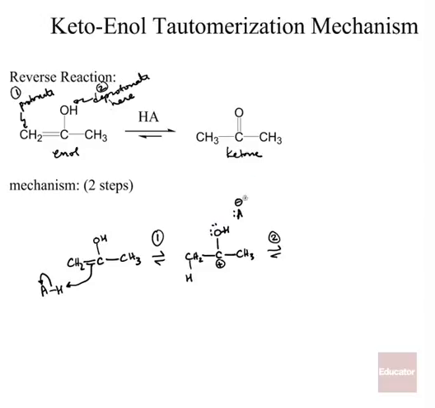And once again, rather than deprotonate and give an O- next to a C+, my mechanism would be much more efficient if I grabbed that proton and took these 2 electrons and filled them in as a pi bond between the carbon and the oxygen. And there we go, our 2 steps, and we've gone from our enol to our ketone.